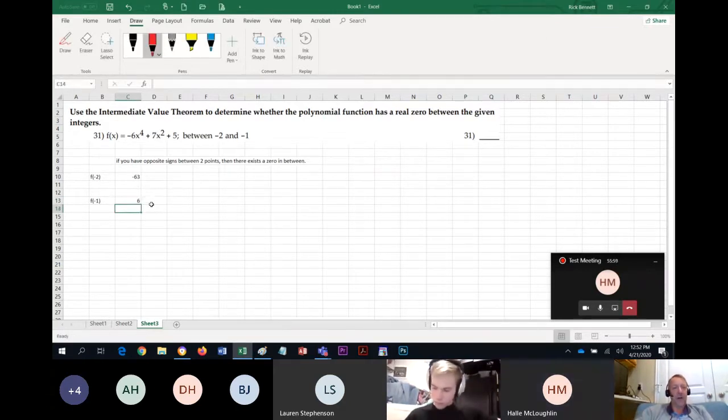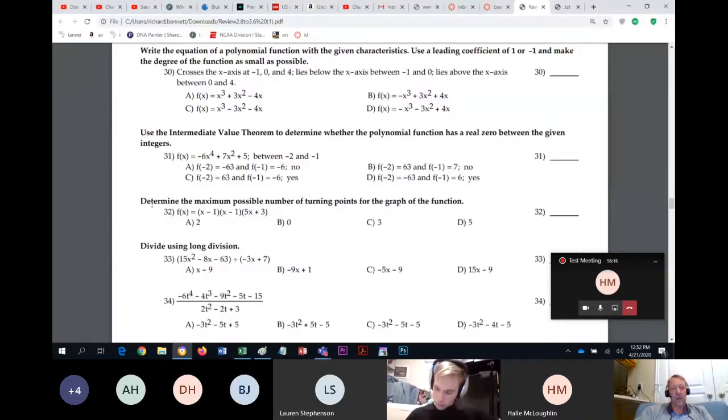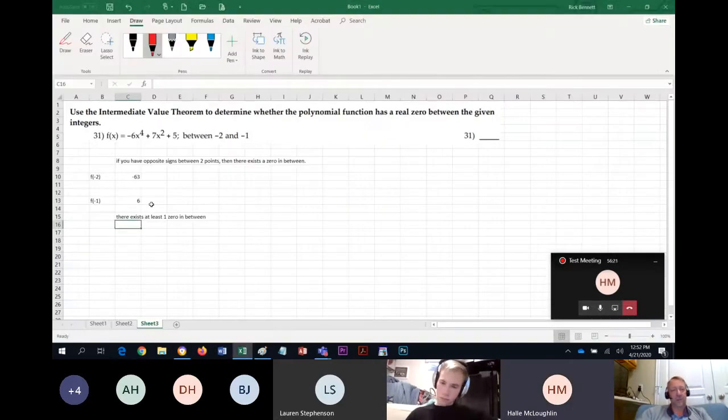It's positive, okay? So therefore, is there a 0 in between them? Yes. So there exists at least one 0 in between. So that's what they did, because these two signs are opposite.